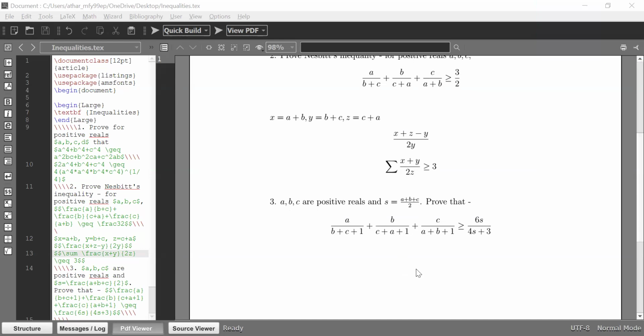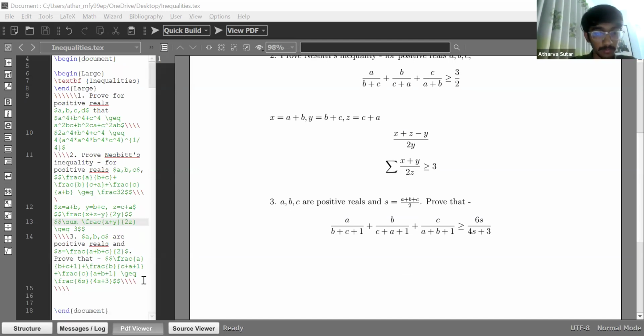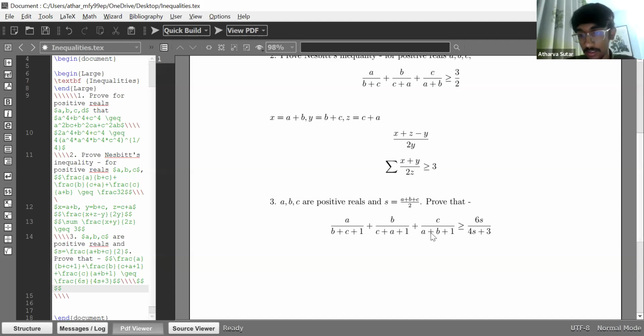Yeah, here I think T2 works. Raya's idea for the second one can apply to the third. What you want to do is add 1 to each term on the LHS. You first notice that the sum of all the denominators on the LHS is the same as the denominator on the RHS.